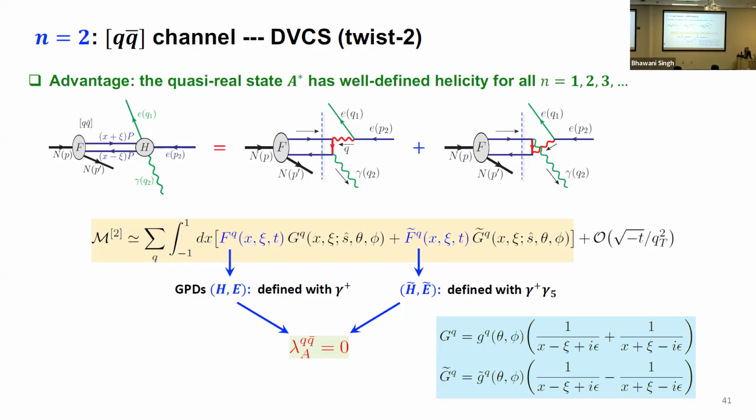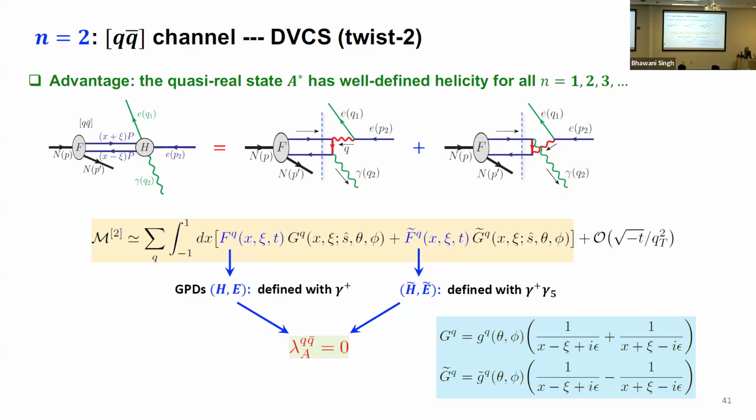So you need to ask, how do you generate a time-like state? The time-like state is something like what we have in E plus E minus. But there you have E plus E minus annihilating into a virtual photon, a time-like virtual photon. But that time-like virtual photon is very virtual.